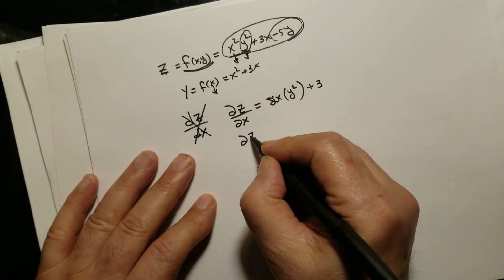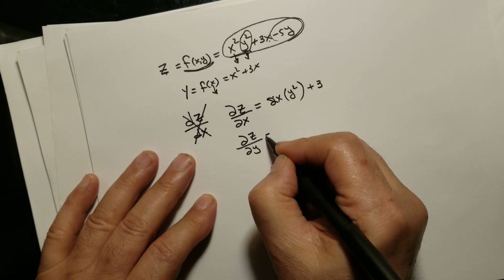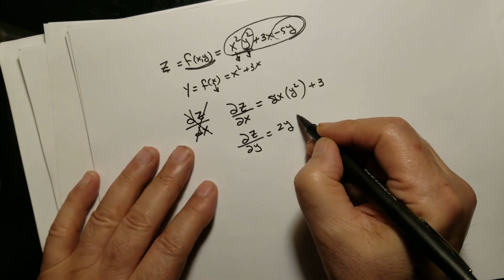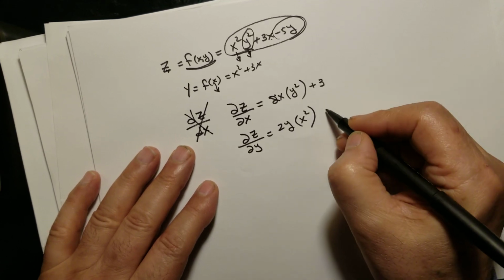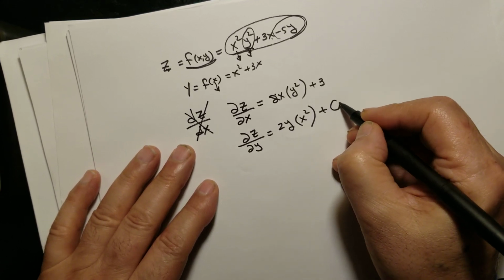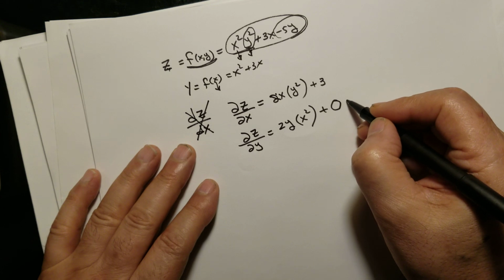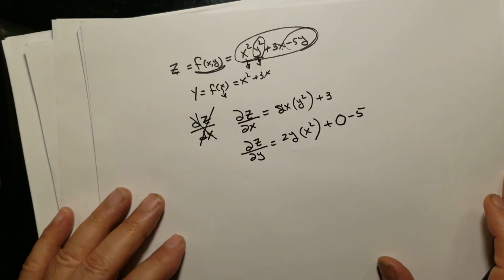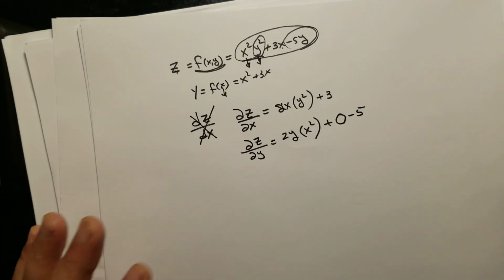And what is the partial derivative of z with respect to y? This becomes 2y, but x squared is a constant. The derivative of 3x is a constant, which is 0, and the derivative of negative 5y with respect to y is negative 5. Okay.